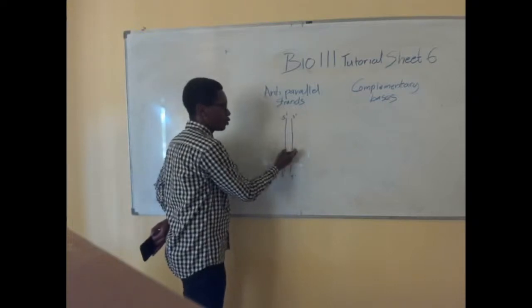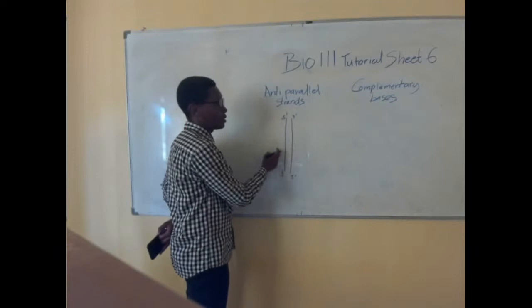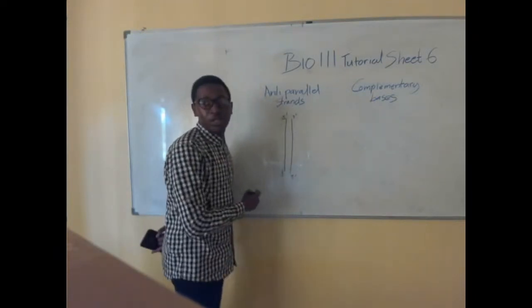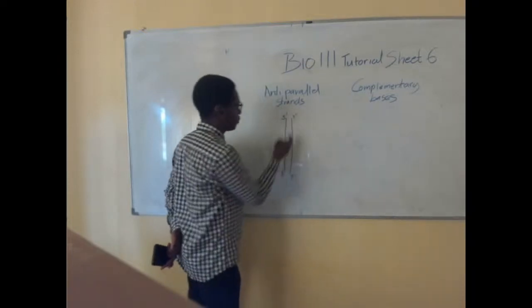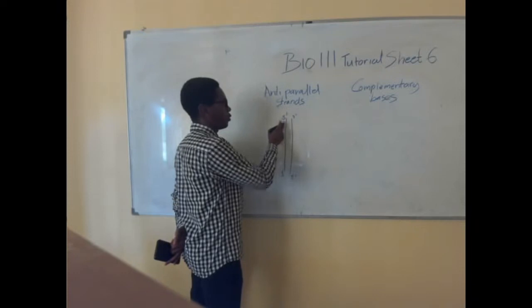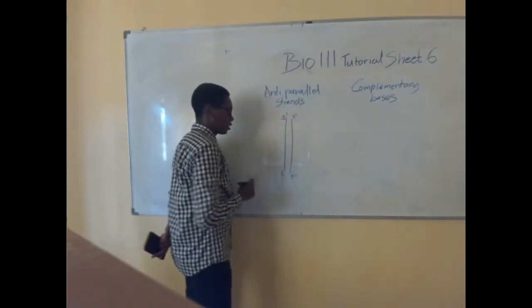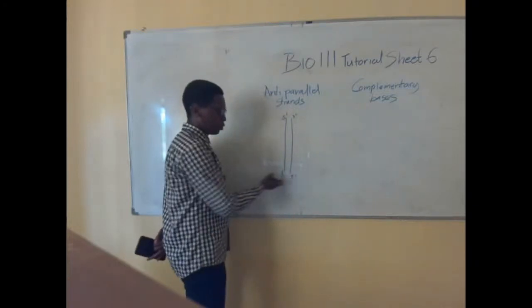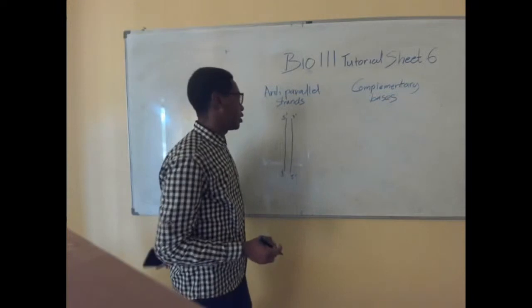Because they are parallel but inverted, we refer to them as anti-parallel. So the 5' end of one strand will be next to the 3' end of the other strand, and so on at both ends. That's why we call them anti-parallel.